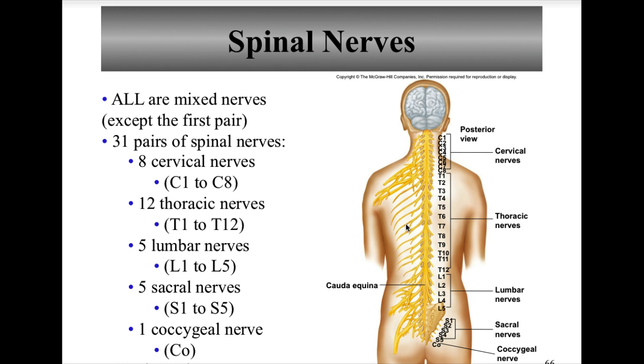So these are all mixed nerves, and you could have basically 31 pairs, and they are C1 through C8, T1 through T12, L1 through L5, S1 through S5, and C0. So you have 8 cervical nerves, 12 thoracic nerves, 5 lumbar nerves, 5 sacral nerves, and 1 coccygeal nerve.